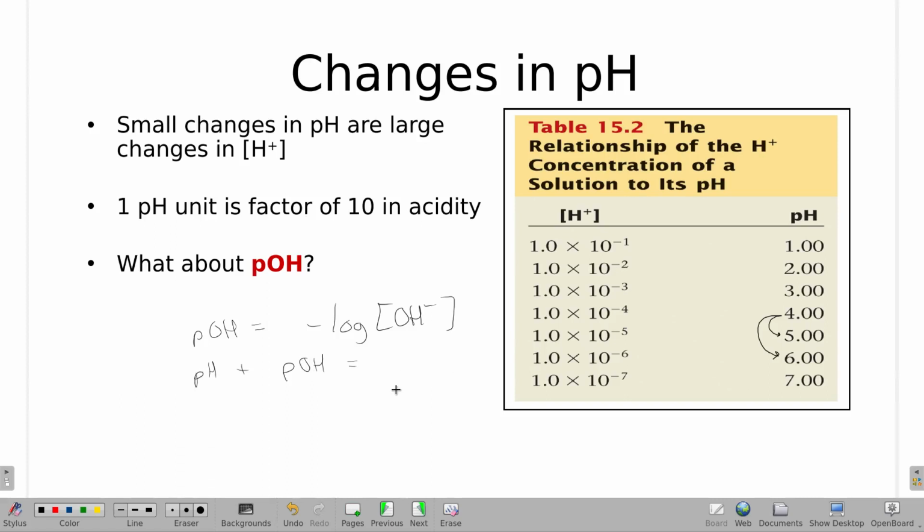The reason I know it's a constant is because the pH is the negative log of the H3O, and the pOH is the negative log of the OH. We actually know that the OH times the H3O is equal to that Kw.